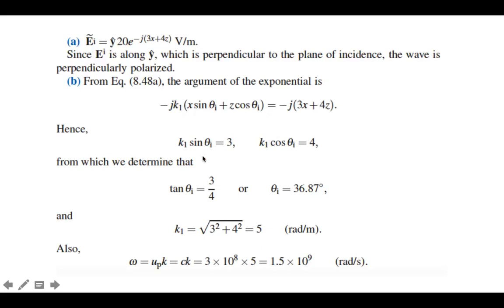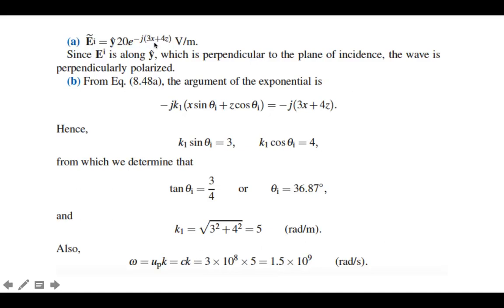So you have two equations and two unknowns, and that allows you to solve for both the angle of incidence as well as k. So now that you have k, you can solve for omega using the phase velocity, and we're in air, so the phase velocity is the speed of light, and k we just solved for, so we can now find omega.